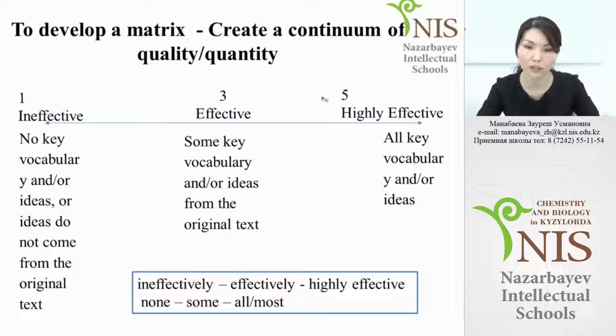So number 5 is what the students aim for from the learning objectives. So you directly show them what the outcome of the task is. It should be highly effective only if all key vocabulary and all ideas have been mentioned.